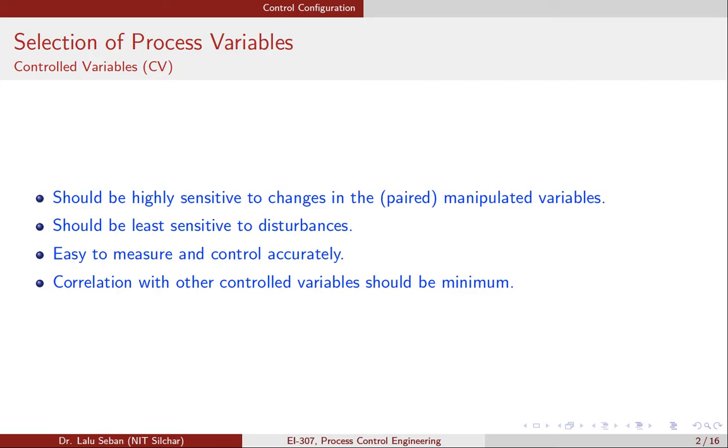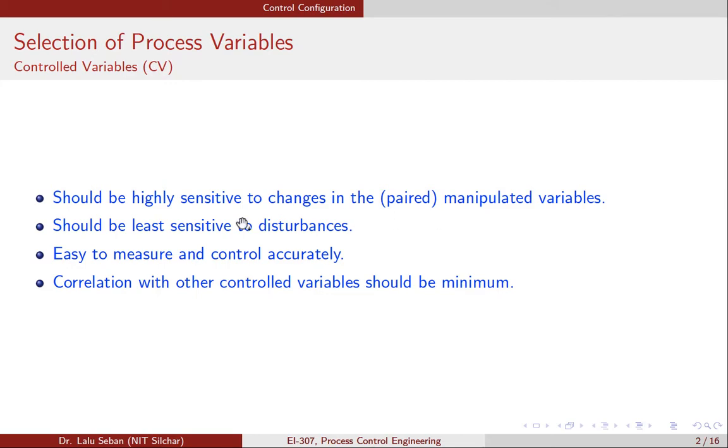It is done by manipulating the input. When the input gets manipulated or changed, the effect should be visible in the output, the so-called control variables. So it is very important that the selected control variables should have high sensitivity to changes in the corresponding manipulated variables.